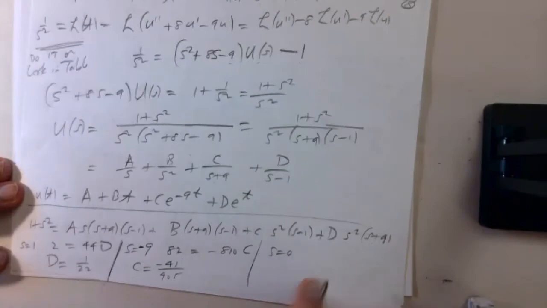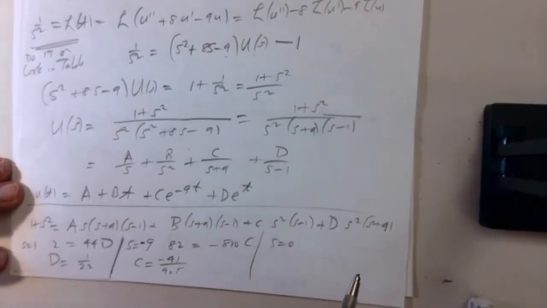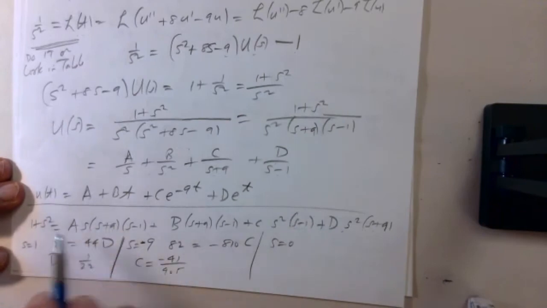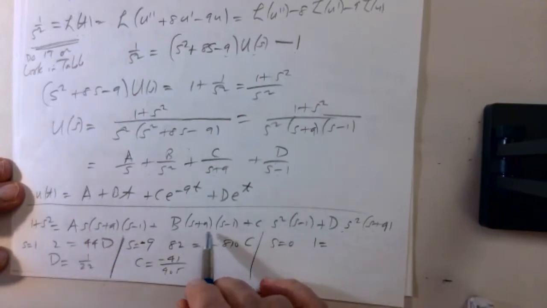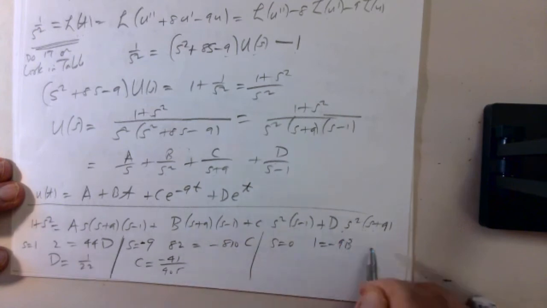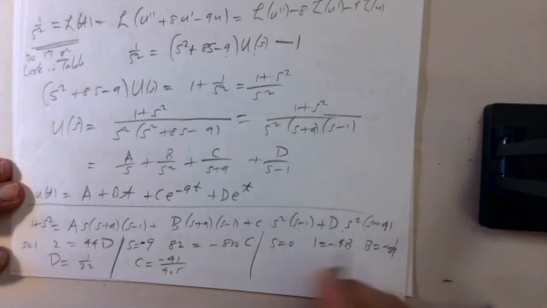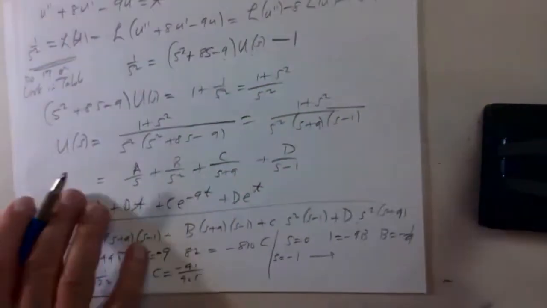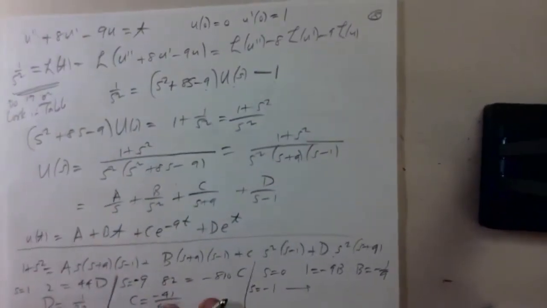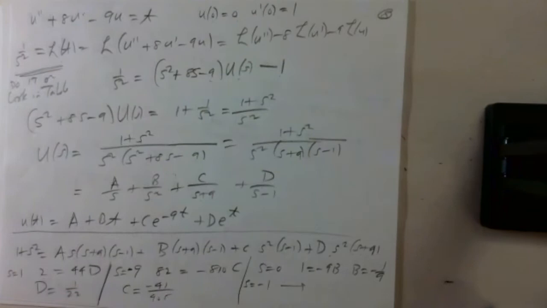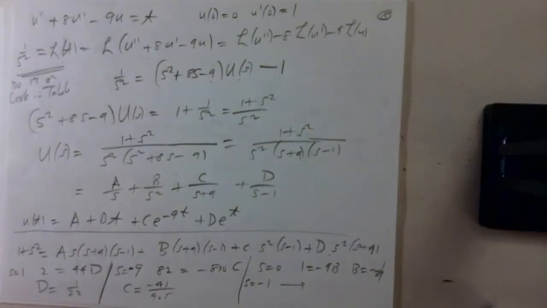If I let s equal 0, these three are 0, and I get 1 is equal to minus 9b, so b equals minus a ninth. If I pick another value like s equal to minus 1, I get some equation which I can solve, and I know the values of b, c, and d, and I'll find a. And rather than do the algebra now, I won't. But this is the method. Okay. Any questions yet?